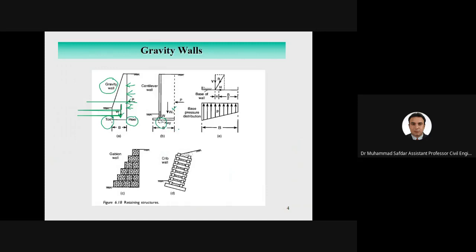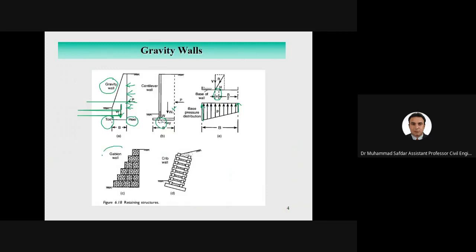Now, if we assume a linear distribution of the pressure beneath the base of the retaining wall, we can see that we will have the maximum base pressure or bearing pressure, or the minimum bearing pressure, depending upon the eccentricity of the resultant load.